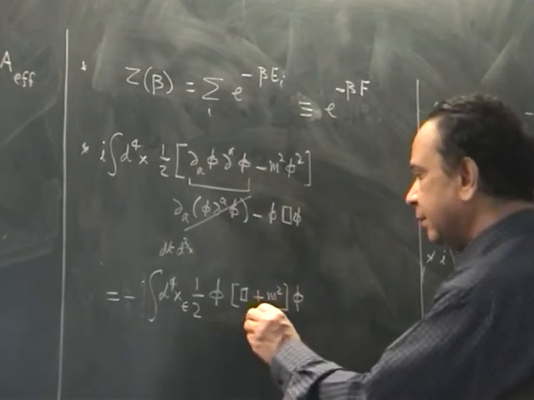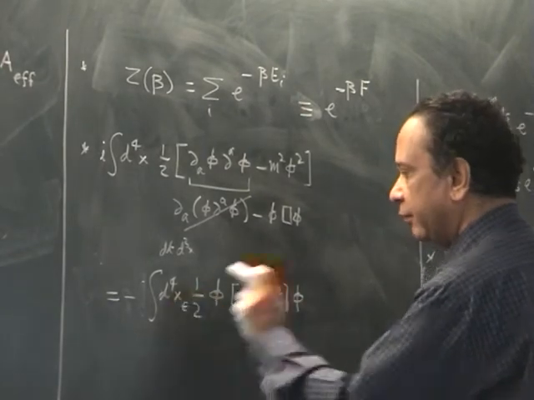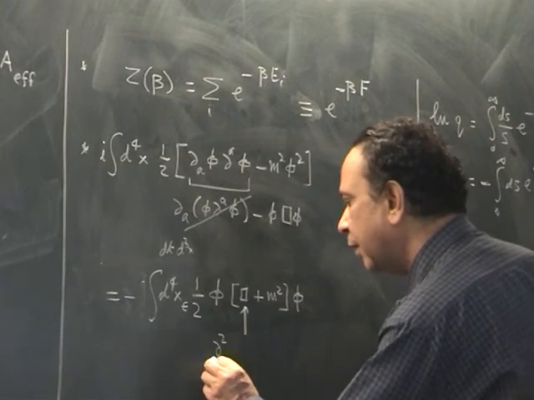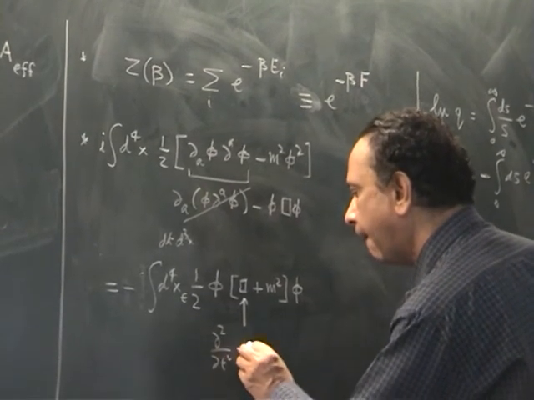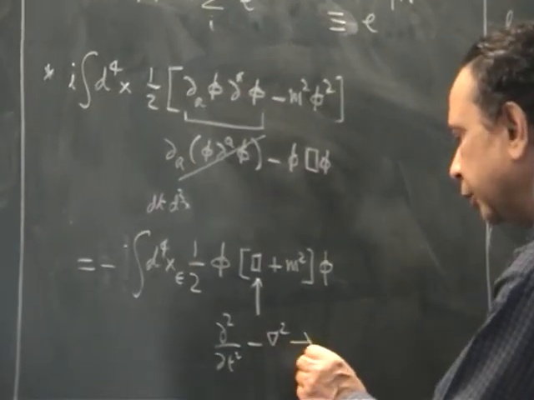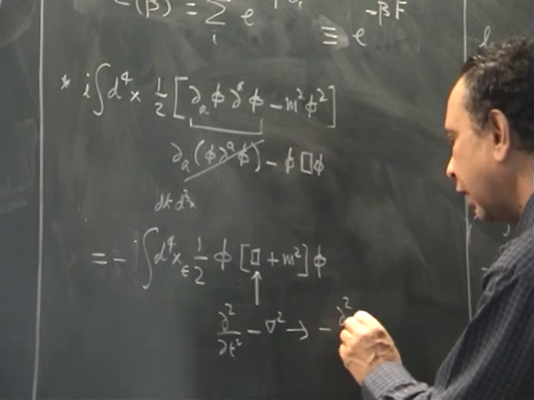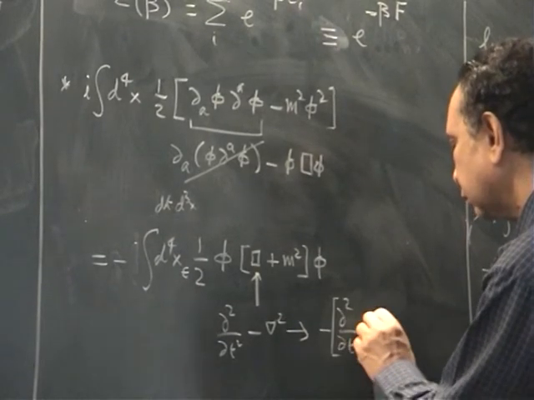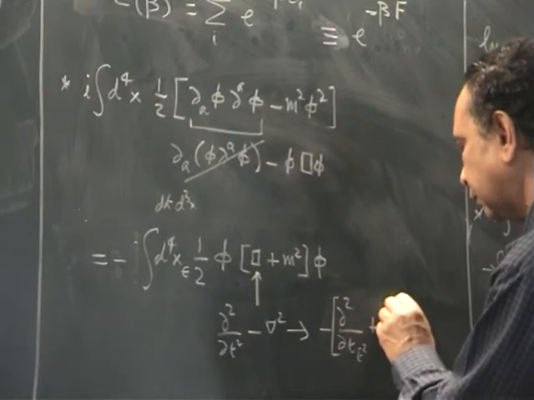But now box has to be written into Euclidean space, because we have converted this into Euclidean. So this box was originally d²/dt² minus del squared. That will go over to minus d²/dt_E² plus del squared.